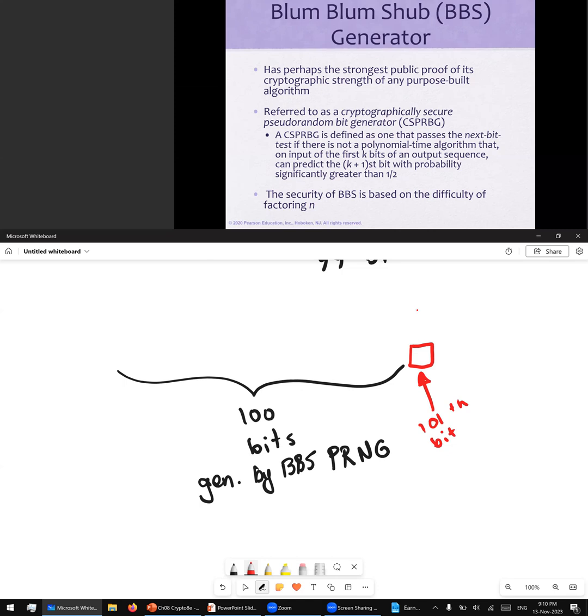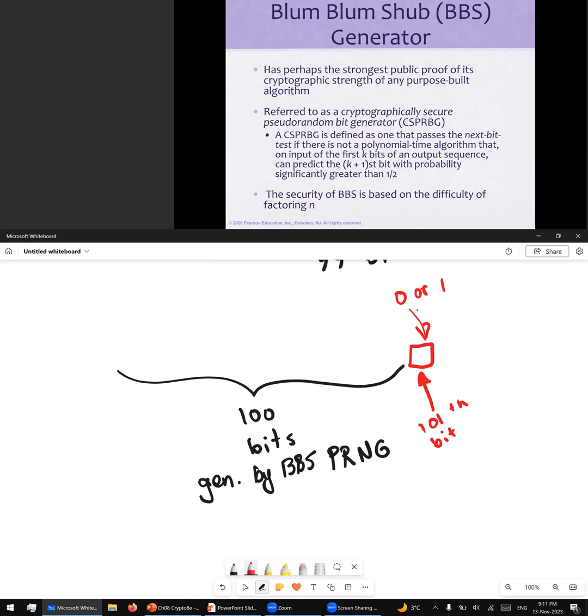I really don't know if this bit is going to be a 0 or a 1. There's a 50-50 chance for me, right? No algorithm will tell me that with 99% it's going to be a 0, or with 99% it's going to be a 1, right?